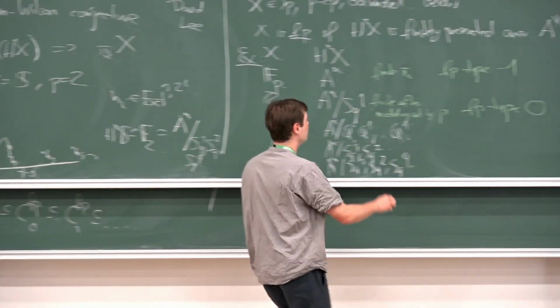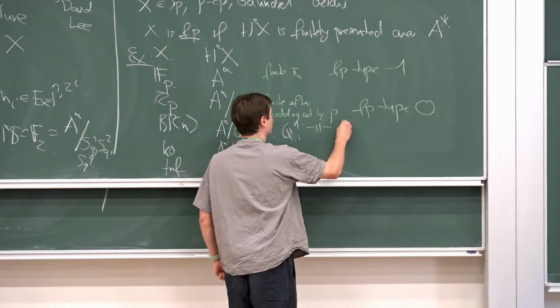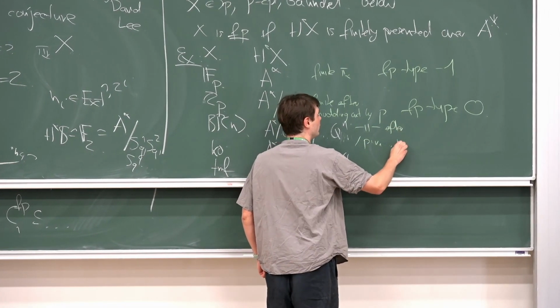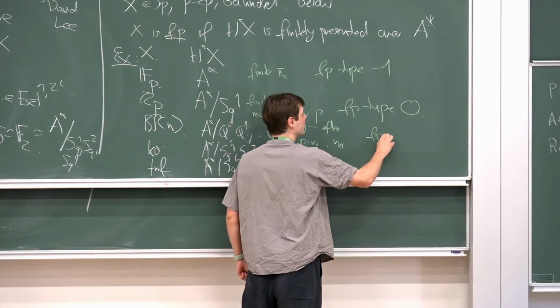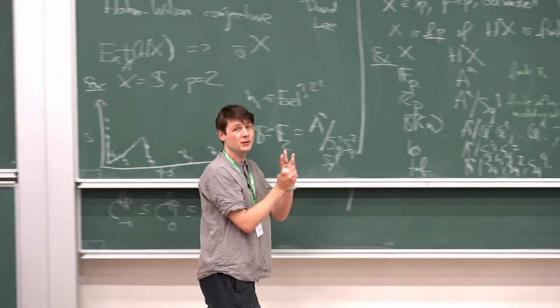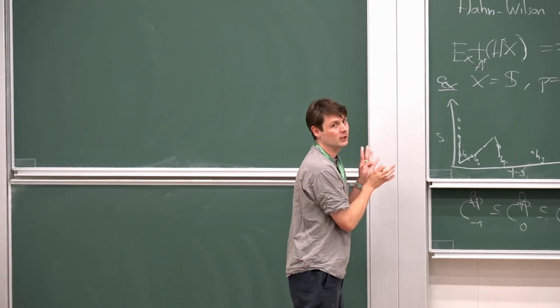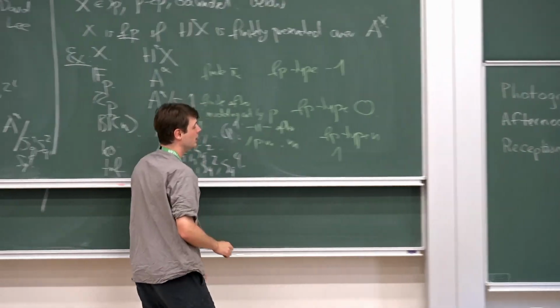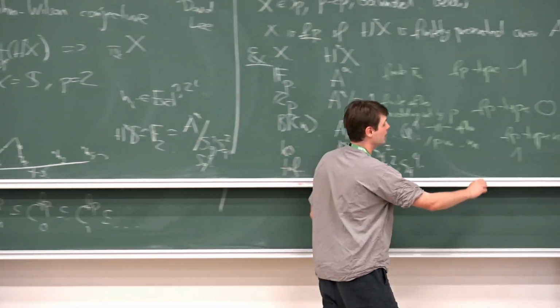So it has finite homotopy after modding out by p, v1, all the way to vn. So this is an example of a spectrum of FP type n. In particular, there exist FP spectra of arbitrary type. KO is of FP type 1, and TMF is of FP type 2.